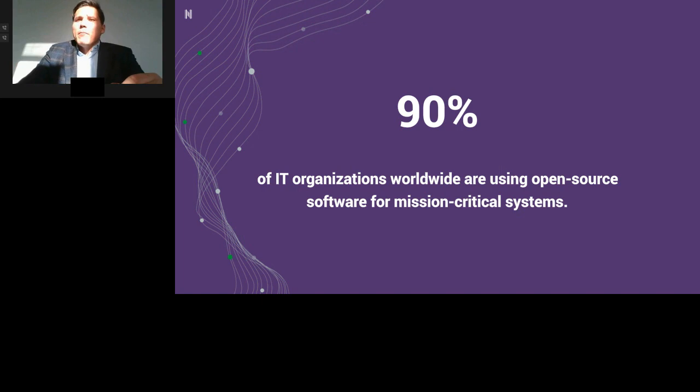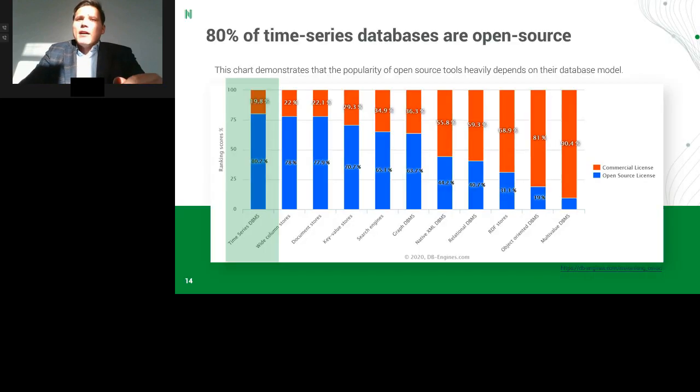But nowadays, almost everything runs on open source. This is especially visible in the time series database domain. Based on the statistics, more than 80% of time series database technologies have an open source background.